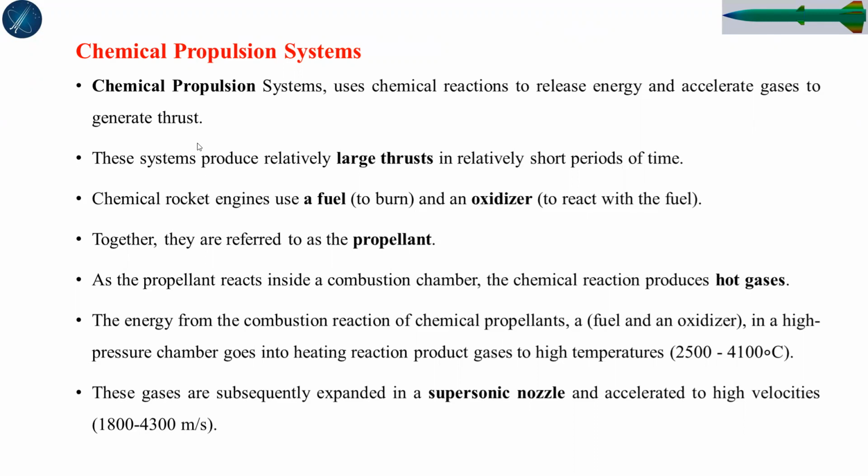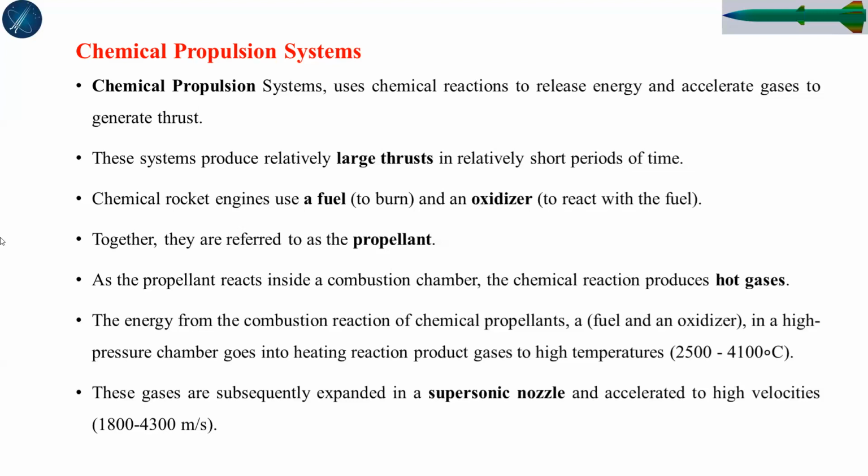So what we need is to produce a large amount of thrust within a short period. That can help us to accelerate our object in a very fast manner. Chemical rocket engines use fuel to burn and oxidizer to react with fuel. Together they are referred to as the propellant.